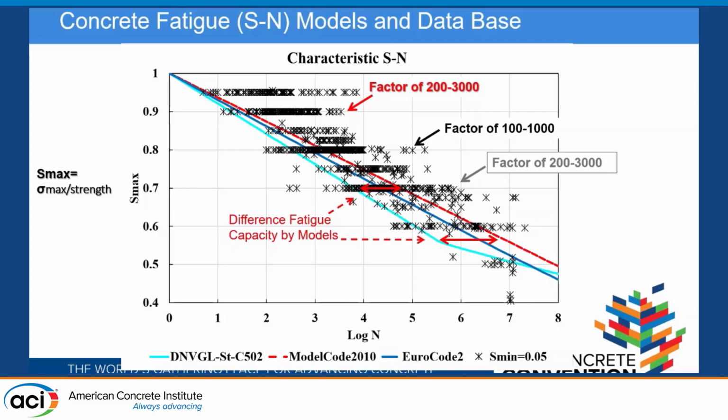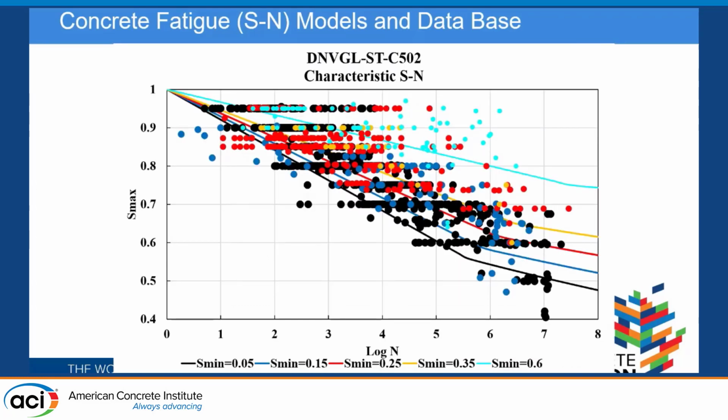At the 0.8 S-max level, you can say your specimen can last either 100 cycles or 100,000 cycles, so a thousand-fold difference in prediction. This is the same plot with different S-mean ratios, with different colors and dots, and you see this wide range exists at different loading levels.